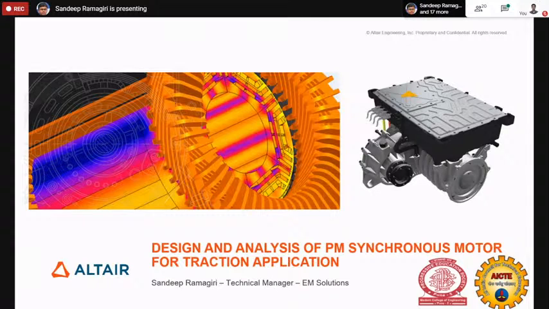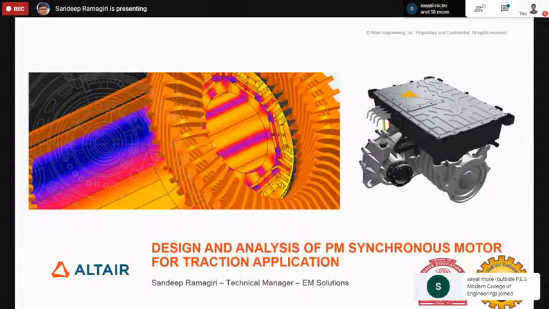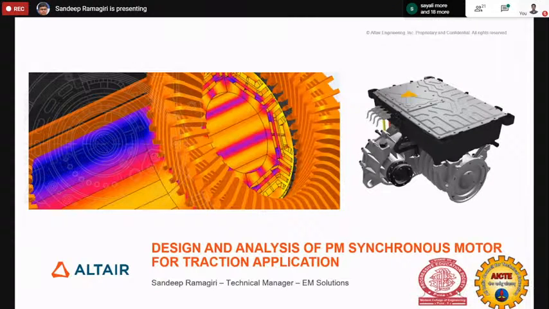And when we speak about e-vehicles, the motor plays an important role, because in place of the engine we have an electrical motor and the battery system. So the electrical designing of motors is very important, and there is a complete paradigm shift in the designing of electrical rotating machines. You are going to see in my presentation how the industry is practicing those best methodologies, and I'm going to showcase them.